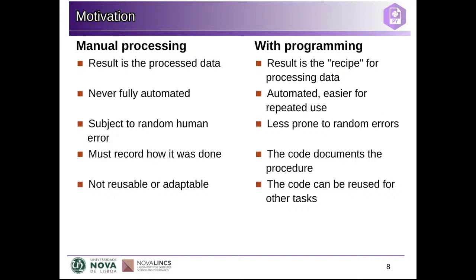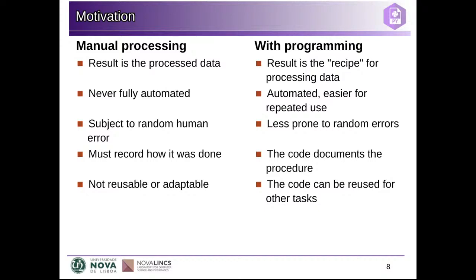If you are processing data yourself, you must keep careful records of how you process the data if you want anyone that comes afterwards to check your work or to reproduce your processing method. When you write code, if you write the code properly, the code itself is the best document for the procedure because it explicitly determines every step that you have to take to process your data.